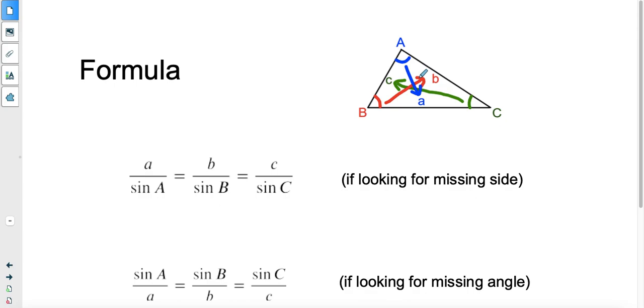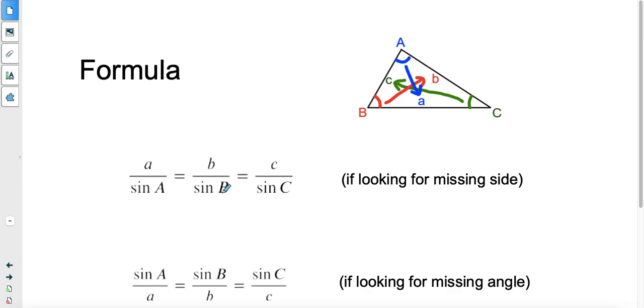The sine law tells us that a divided by sine A is equal to b divided by sine B, which is equal to c divided by sine C. Again, remember the lowercase letters here represent your sides, and the capital letters represent your angles.